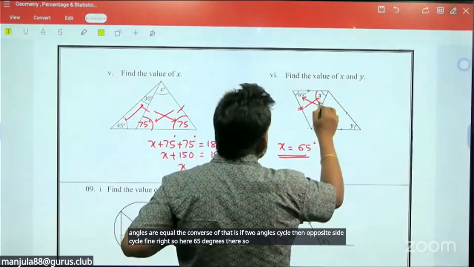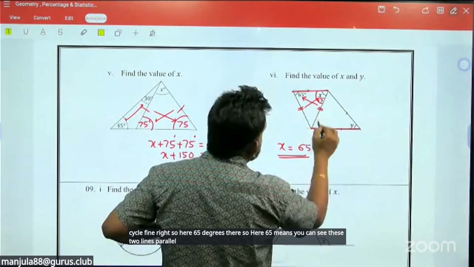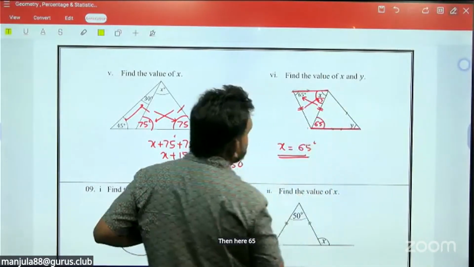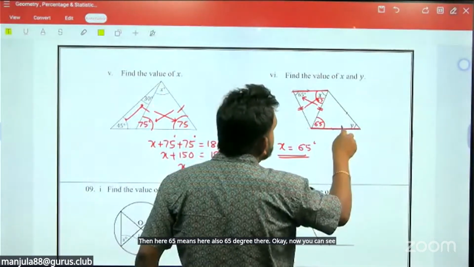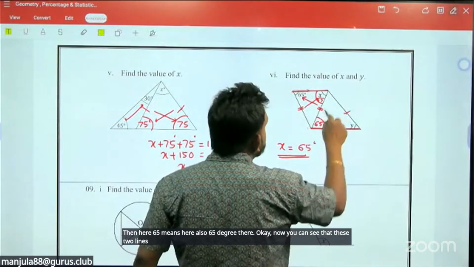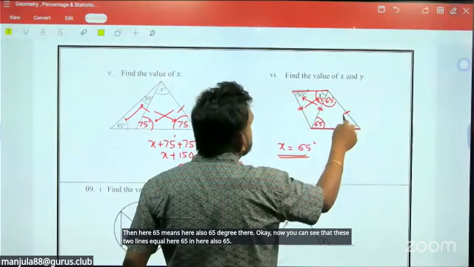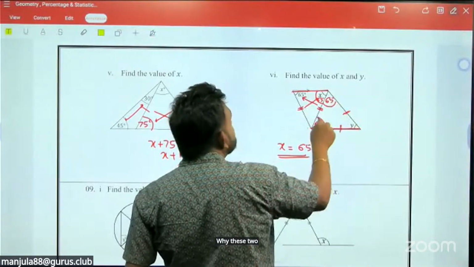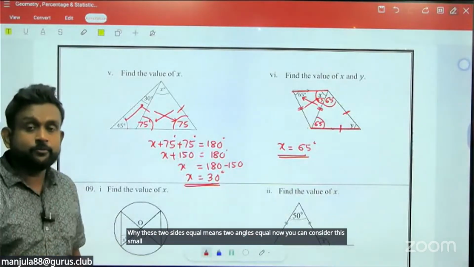Here 65, and you can see these two lines are parallel. Then here also 65 degrees. Now you can see that these two lines are equal, so here 65 means here also 65. Why? Two sides equal means two angles equal. Now consider this small triangle, the angles add up to 180.